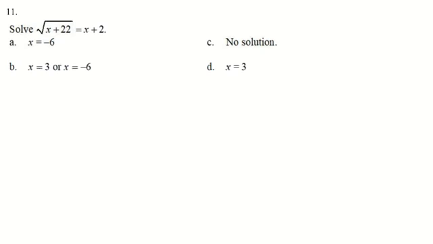So I'm going to start by squaring both sides, which means that I will need to check my solutions. I'm going to get x plus 22 equaling x plus 2 squared.